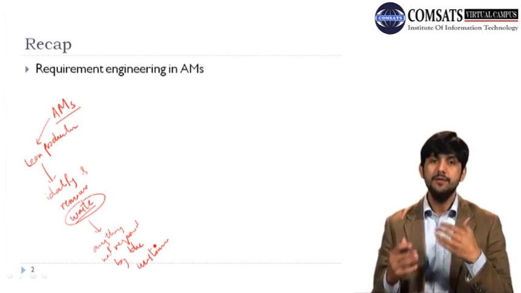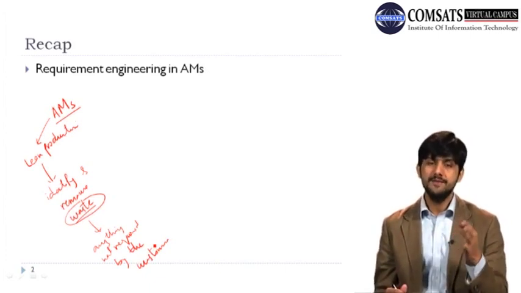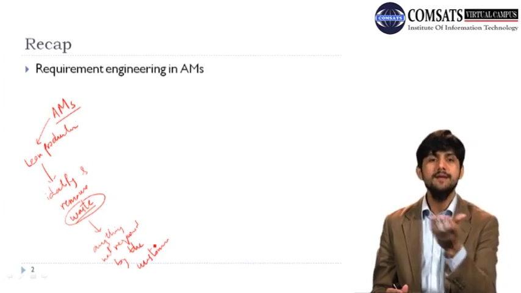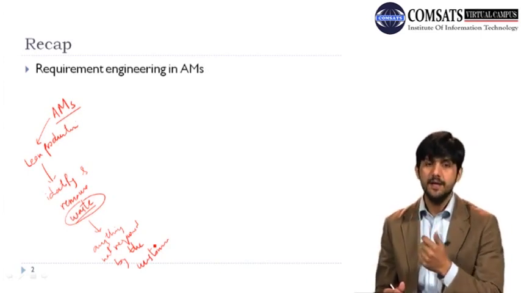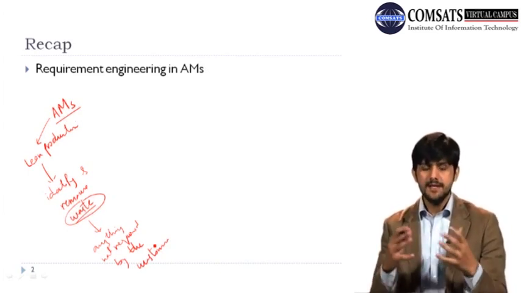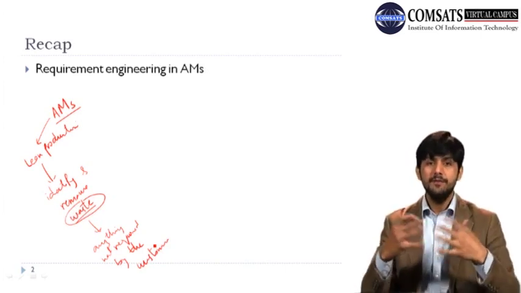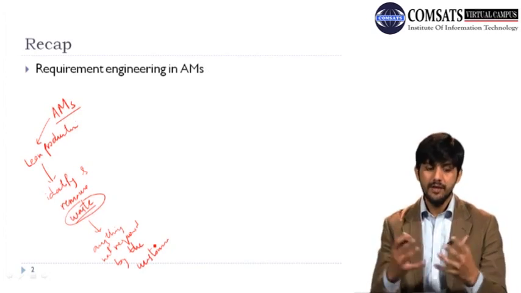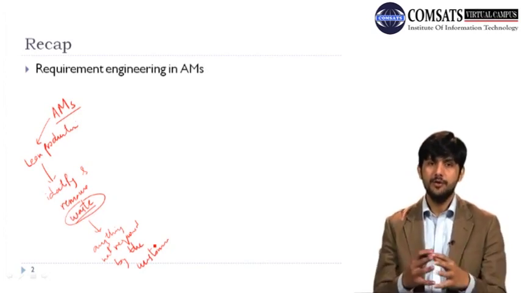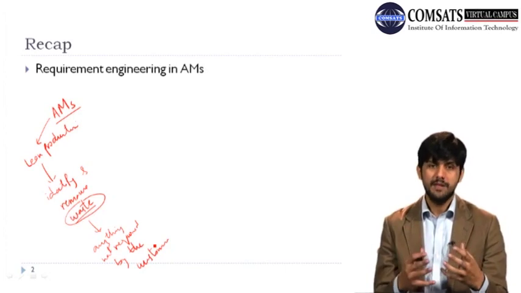So when we say we are doing lean production, we identify all those things which are not desired by the client, and we only do what the client actually wants. And this is the principle on which these Agile methodologies are based. That is why people often have a view of Agile methodology that when we are following it, we don't have to do lots of documentation, and it's a very informal methodology.